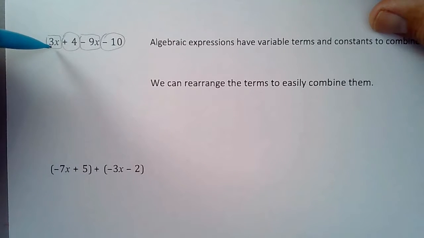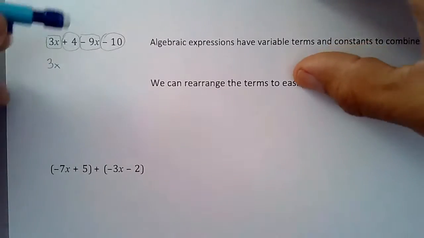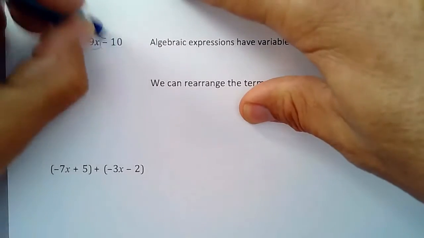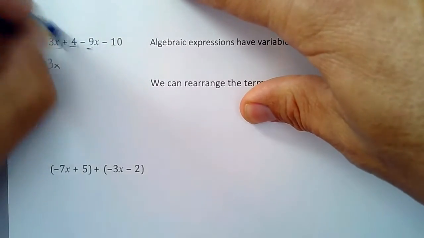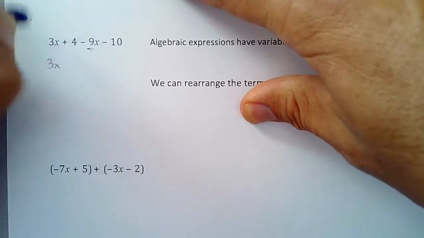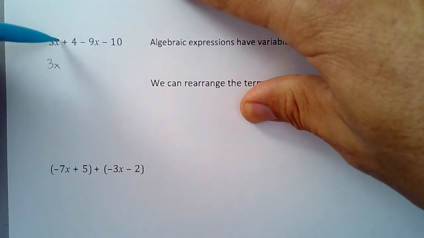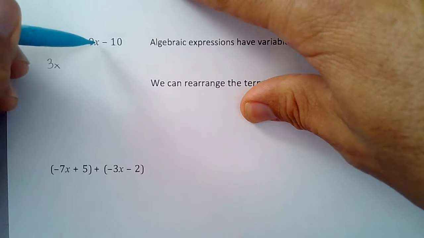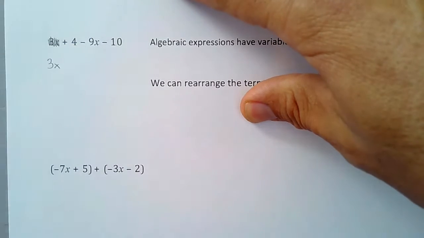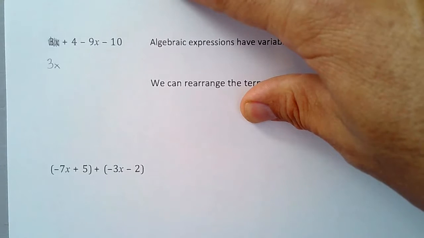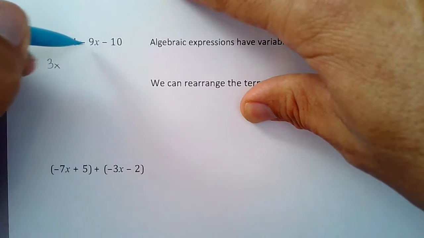And so I'll have the 3x right there. If I have the 3x, okay, I've rewritten that. I'm getting rid of that now. And I have the minus 9x.